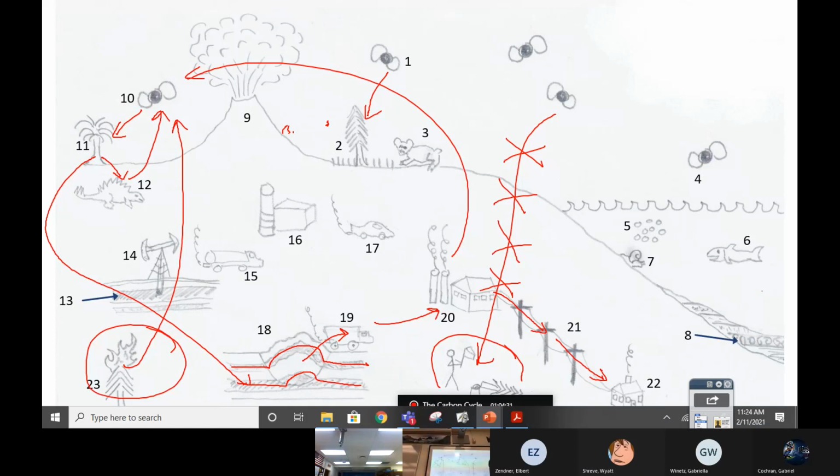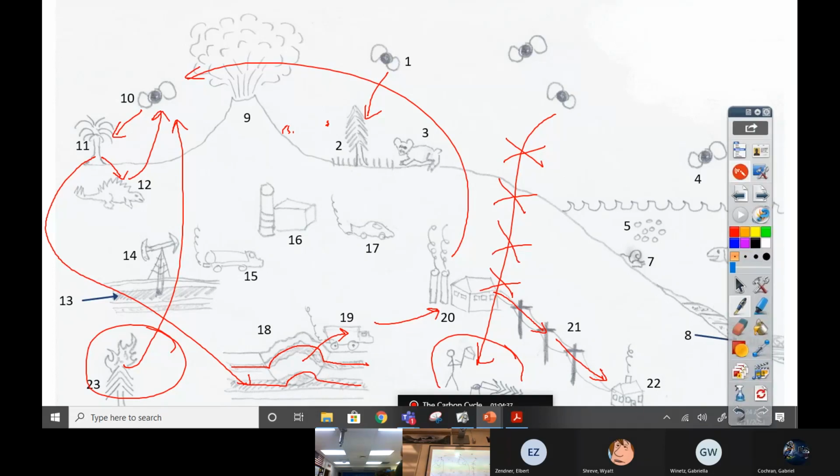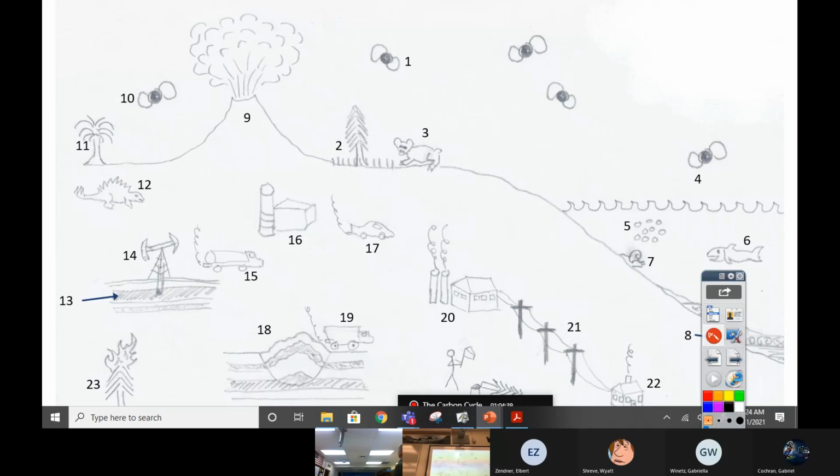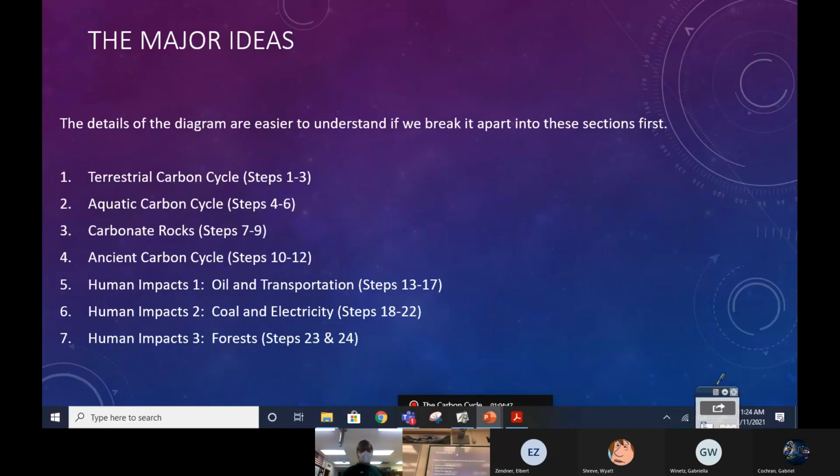So that was my quick explanation of what's going on. I know it didn't seem very quick. But let's go ahead and move forward. So what we're going to do is break this diagram down into these 7 parts to make it easier for our brains to grasp what's going on.